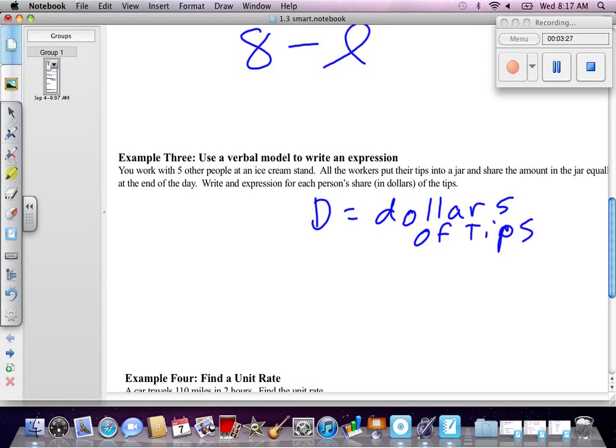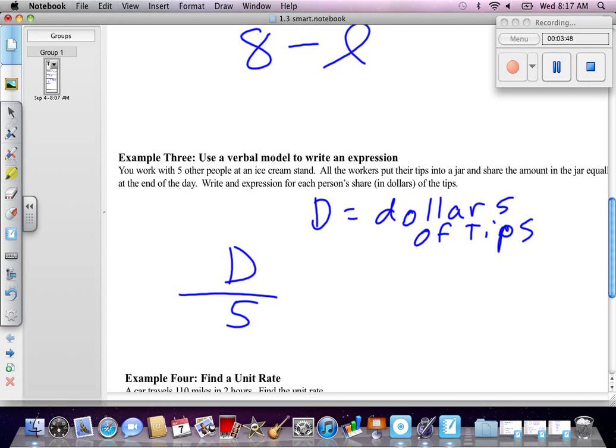So we make D amount of dollars, and there are 5 people. How do I split that up between 5 people? D divided by 5.